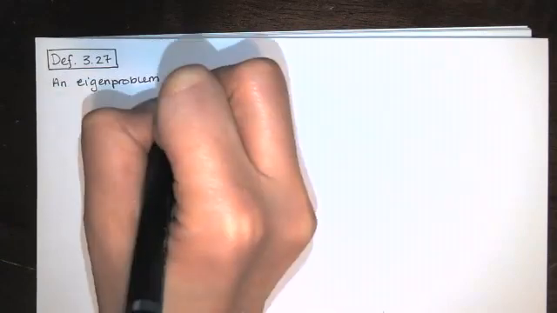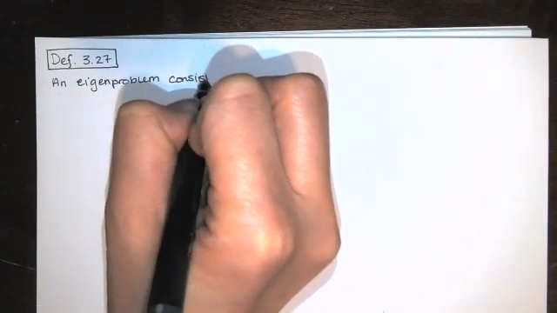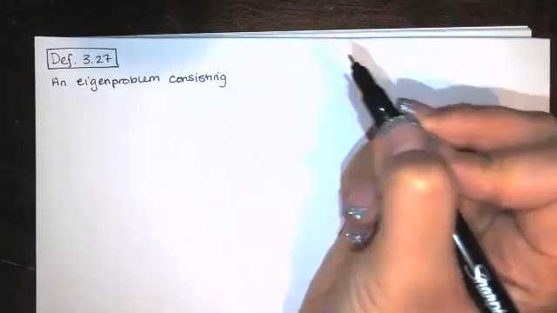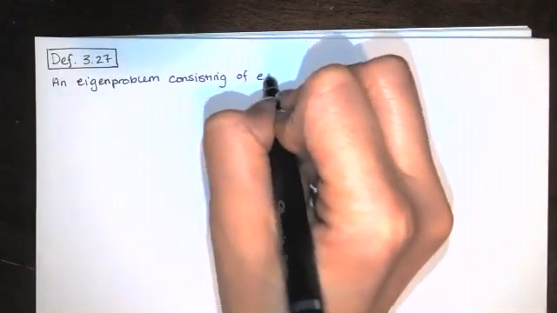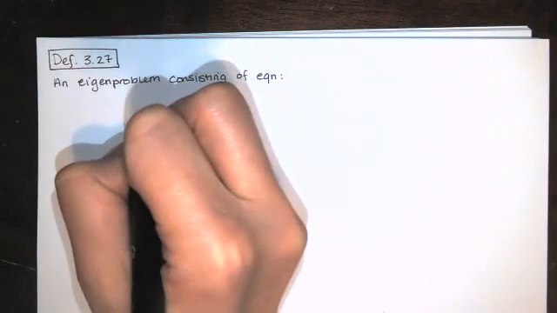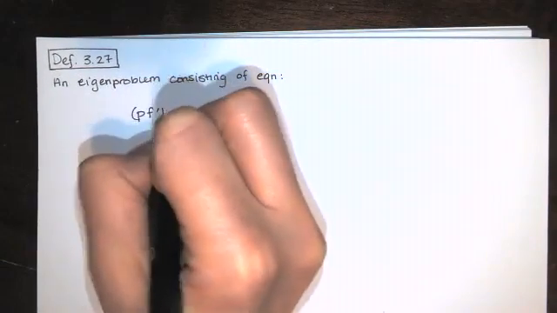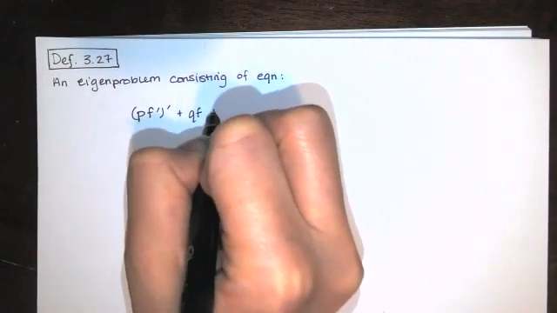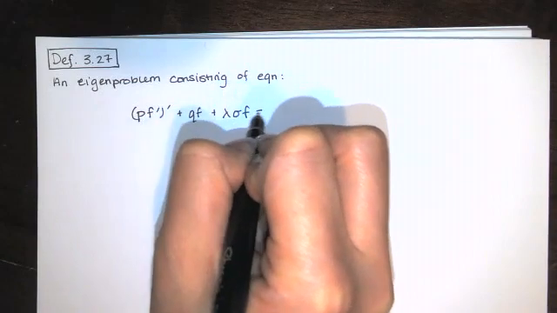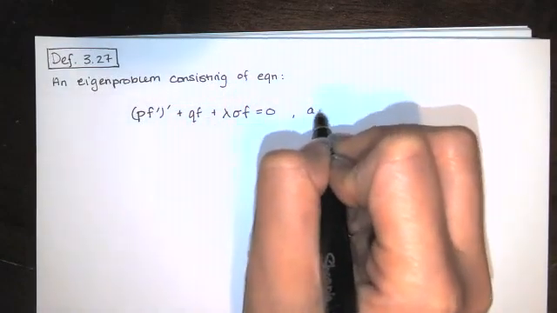It says this: an eigenvalue problem consisting of this equation, P times F prime, all prime, plus QF plus lambda times sigma times F equals 0 for x between A and B.